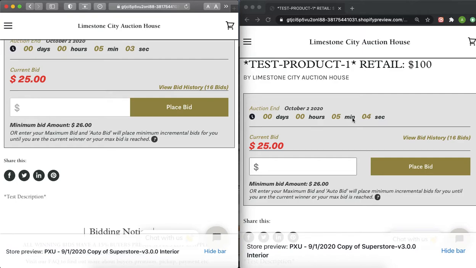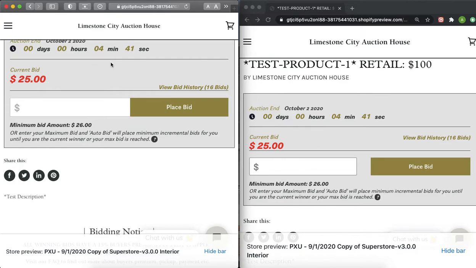So in this scenario, if the auction was to end right at this moment, the person on the right-hand side would win the auction because they placed a bid of $25 first. And yes, the person on the left-hand side also placed 25, but it was later. So that's why the precedent goes to the person on the right.